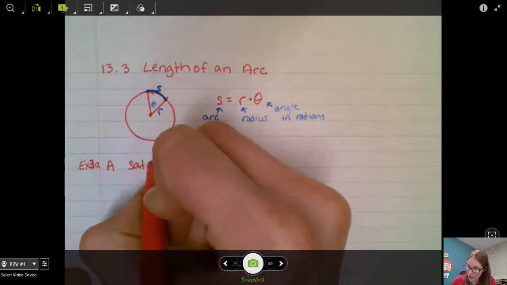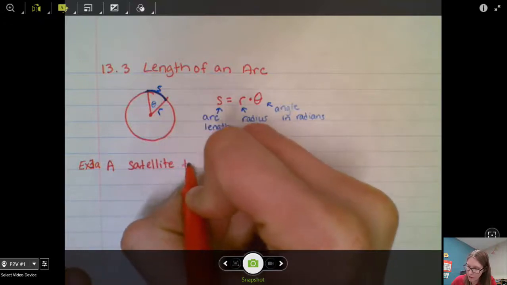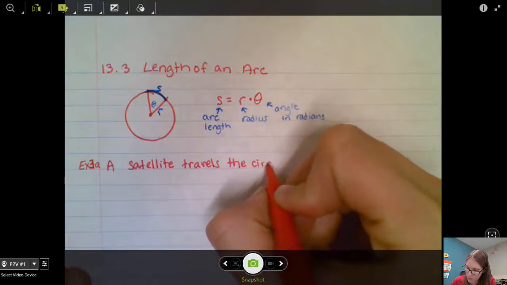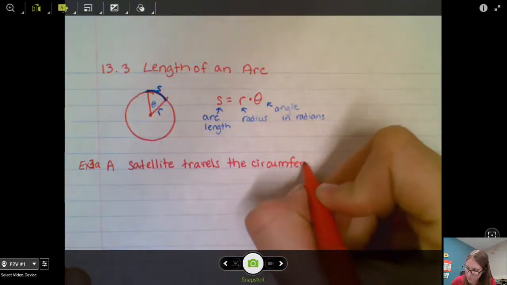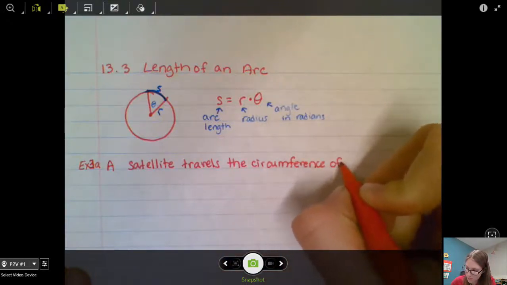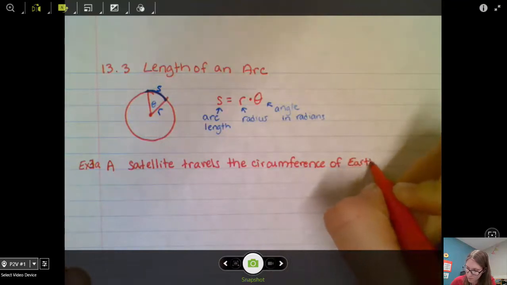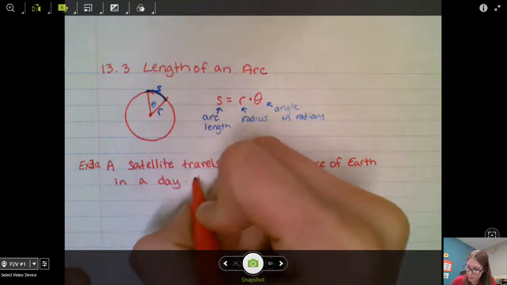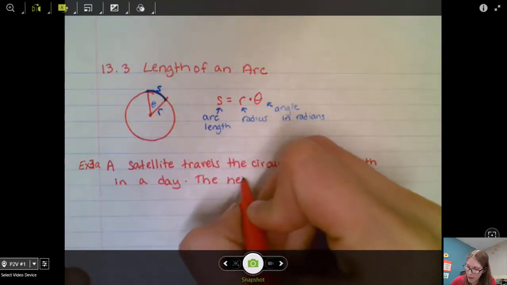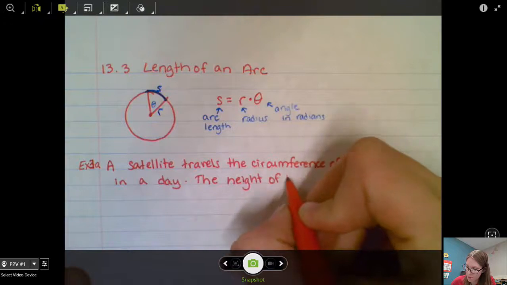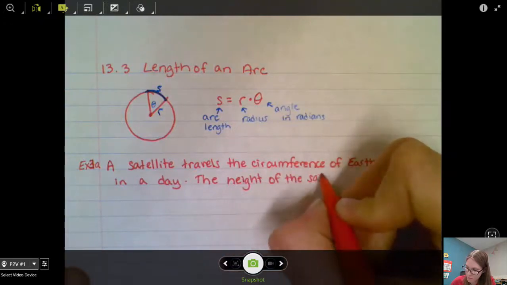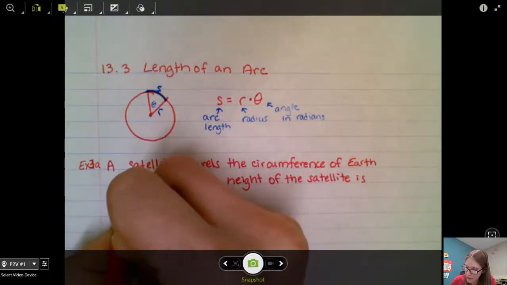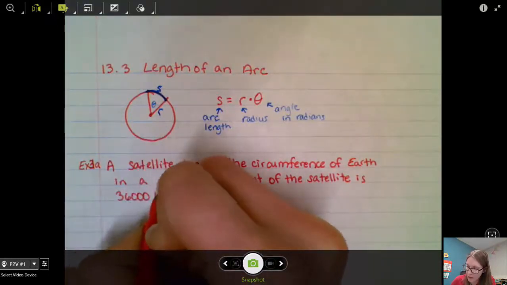A satellite travels the circumference of Earth in a day. The height of the satellite is 36,000 kilometers.